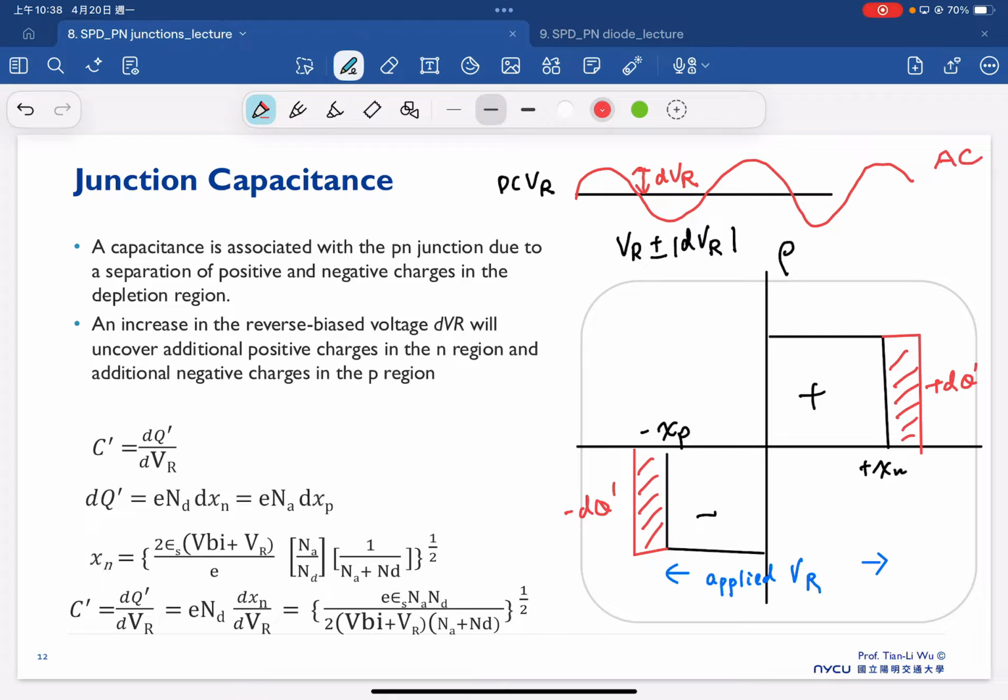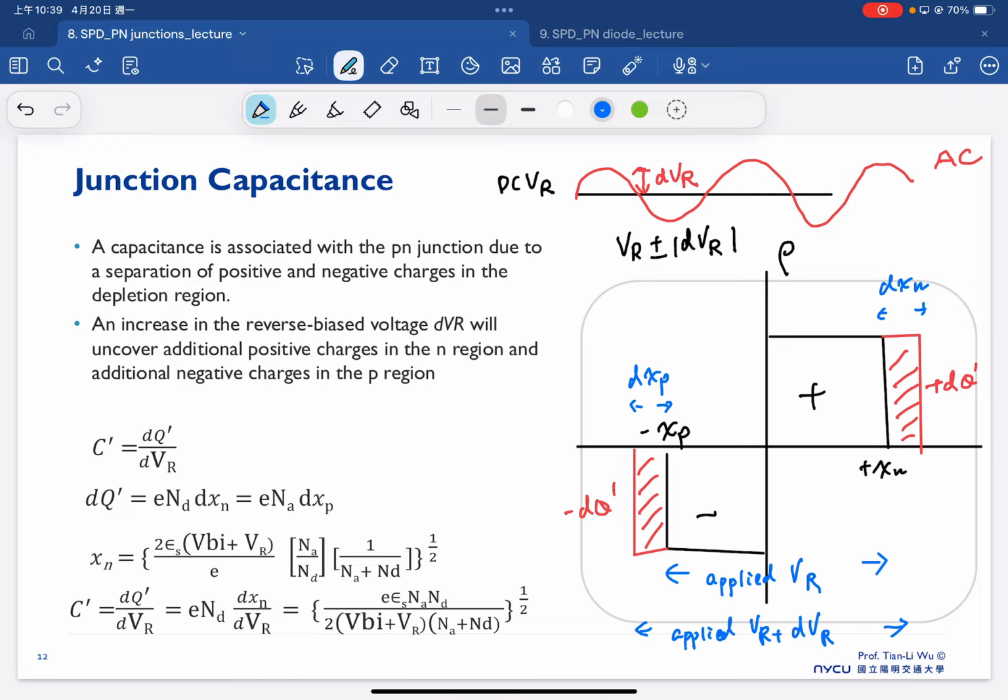This is due to the additional dVR. In the end that will also change our depletion width, because of the applied VR plus dVR. This additional AC influences the charge, but also the depletion width.